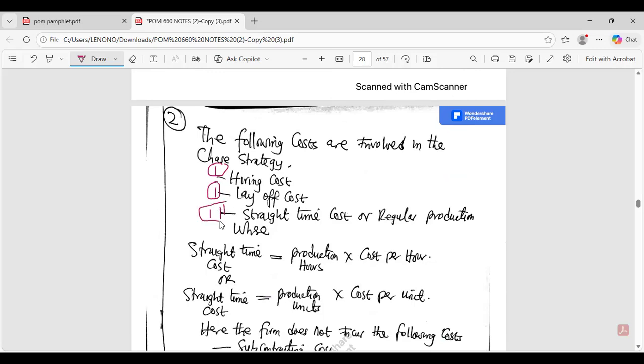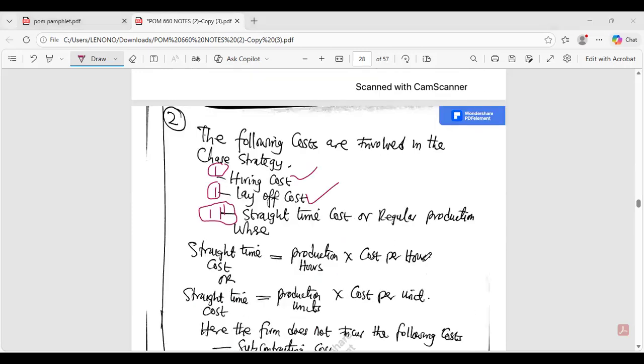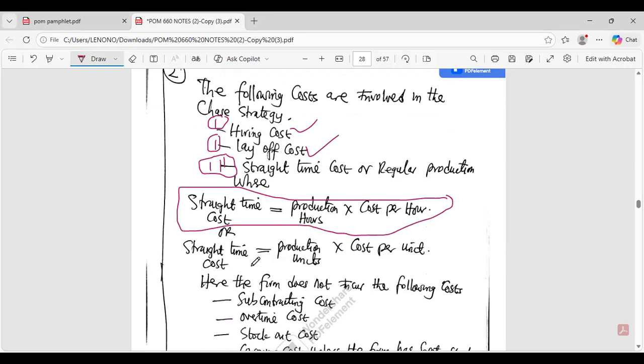So these are the three costs of the chase strategy: the hiring cost, the layoff cost, as well as the straight time cost. Straight time cost is production hours multiplied by the cost per hour, or production units multiplied by the cost per unit.